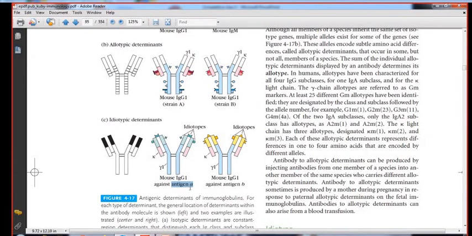After say 4 or 5 days, its plasma cells will produce antibody molecules, say mouse IgG1. And I can find several types of receptor molecules present that can bind to antigen A, because they are manufactured in such a way that antigen A can bind. They are produced against antigen A.